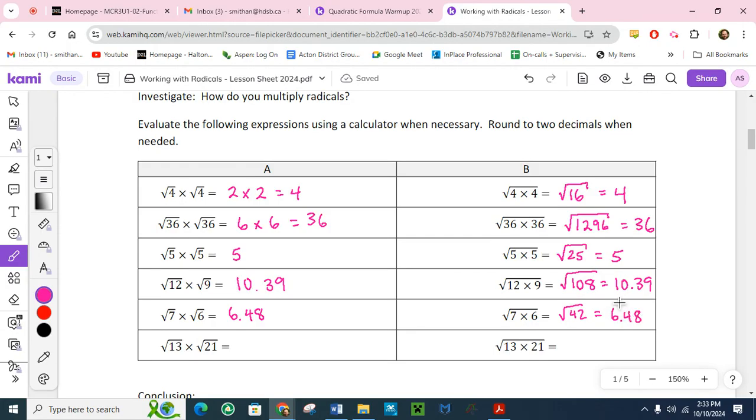And then root 13 times root 21. I think you guys get the point. But it doesn't matter whether you root first or multiply first, you get the same result. Did you guys get 16.52 on the last one? I see nods. Okay, let me finish it off for completeness sake. Root 273, which will be the same thing.